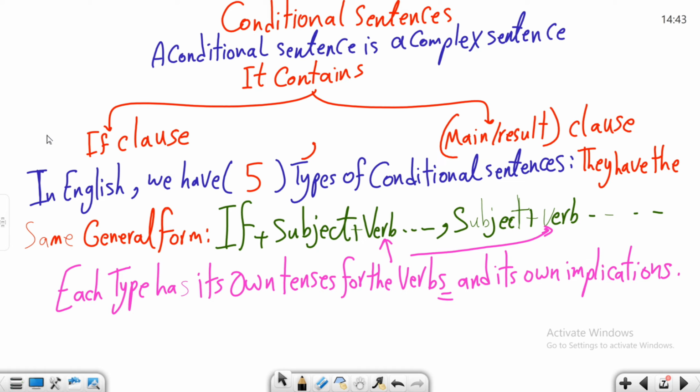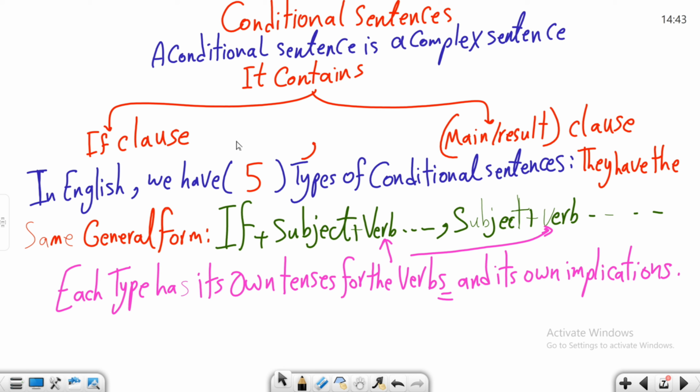But when we have a dependent clause and a main clause, which is an independent clause, together, we call the sentence a complex sentence. If you want to know more about clauses and sentences, please go to Mr. Udait's writing course, and you are going to find a lot of important and beneficial information.